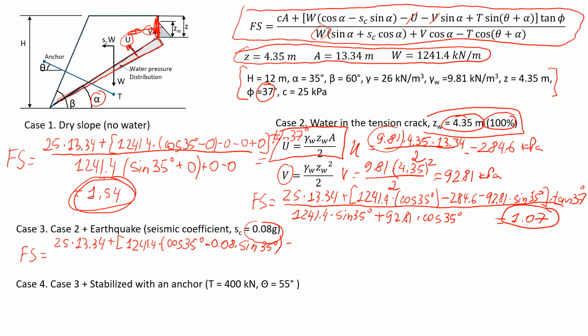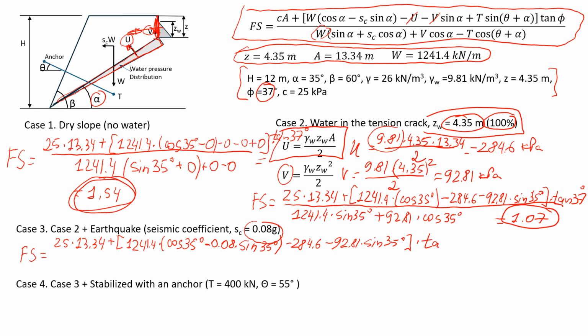We have the value of U, which is 284.6. Then we subtract even more water pressure, which is 92.81 times sine 35 degrees. Still, there is no reinforcement, so the value of T is equal to 0.